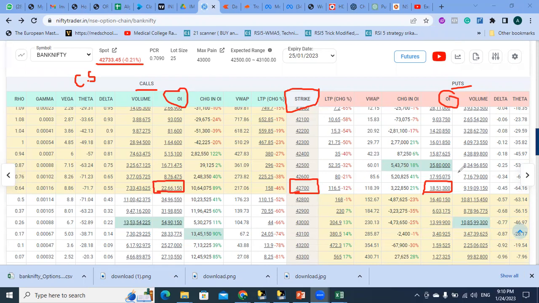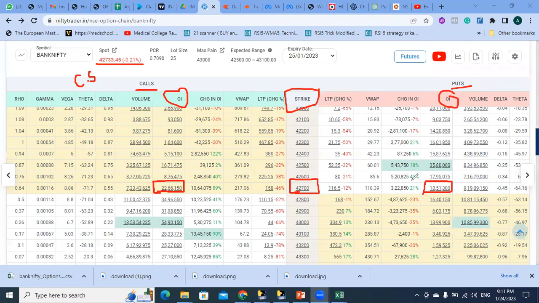That is why when we say call open interest at 42,700 is 22 lakh, we mean 22 lakh sellers are present there. After doing this, I have realized that at 42,700, at this particular moment, the call option sellers are a bit more powerful than the put option sellers by about 4 lakh contracts.